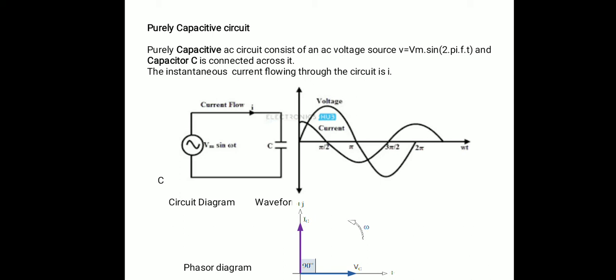There is a property of the capacitor: if we apply the AC voltage across a pure capacitor, then the current leads voltage by 90 degrees. That's why we can see this kind of voltage and current waveforms, which show that current leads voltage by 90 degrees, or voltage lags current by pi by 2 radian.